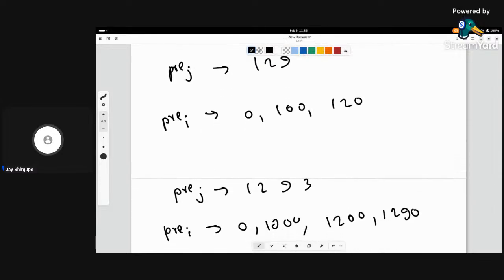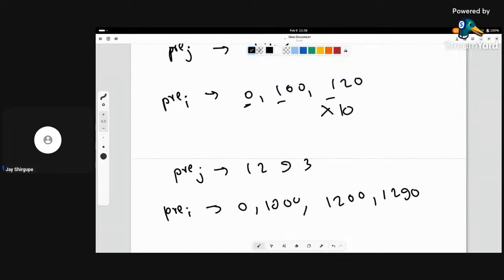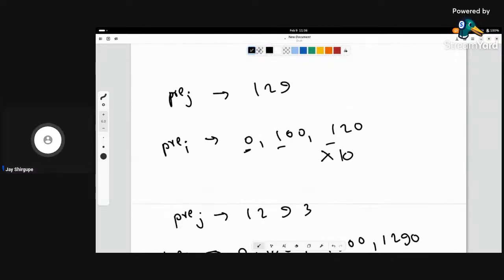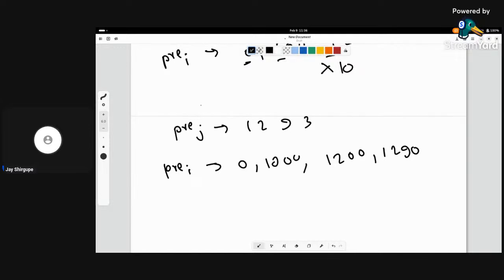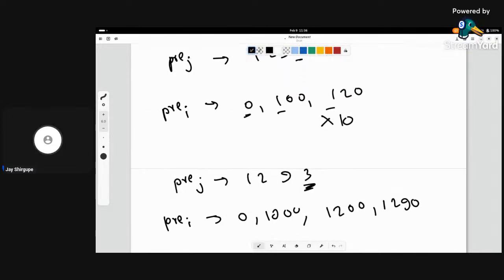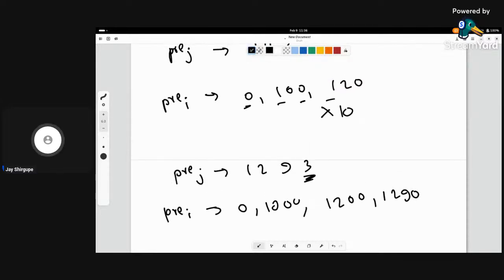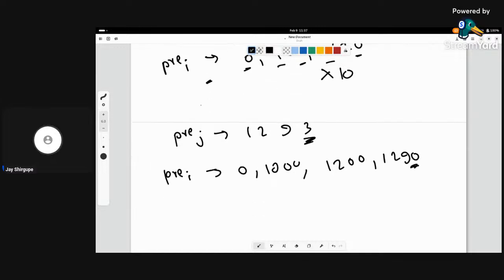Basically, all of these are being multiplied by 10. Every time you add a new digit to the back, you do plus plus j, you get an extra digit for this sum, and you're also adding an extra zero to the back of these prefixes of i, and also adding a new prefix of i.